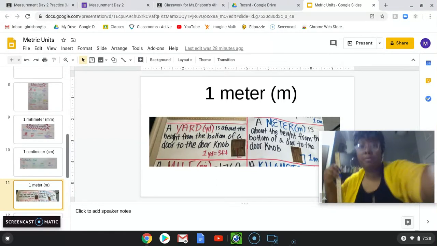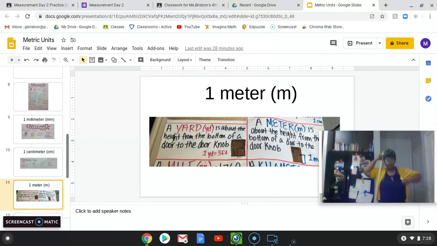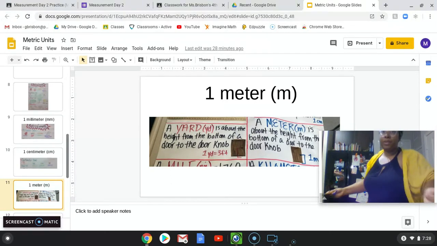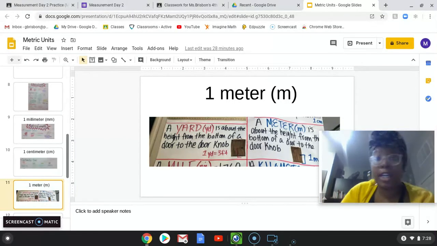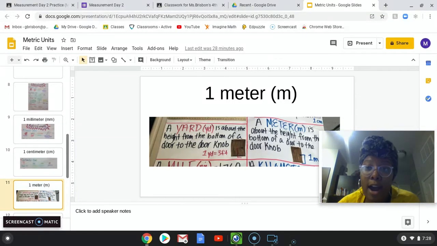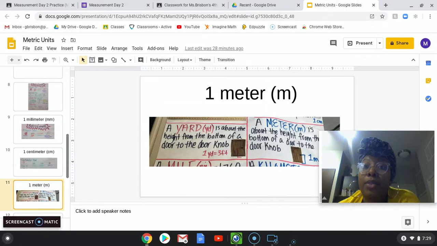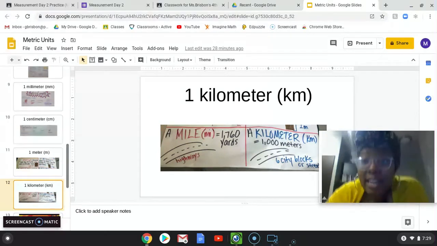So if you're thinking about, for Ms. Brisbane, from my head to about my hip is a meter or about a yard, okay? And for you, you can look at any doorknob in your house into the floor, that's probably about a meter.